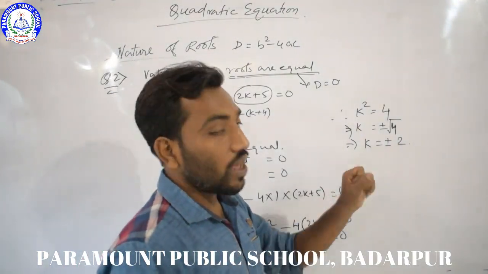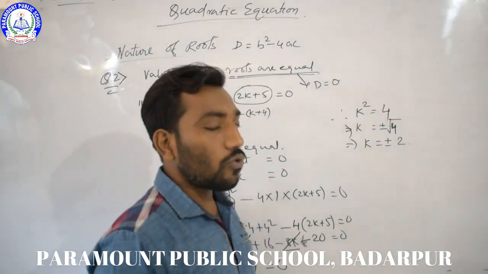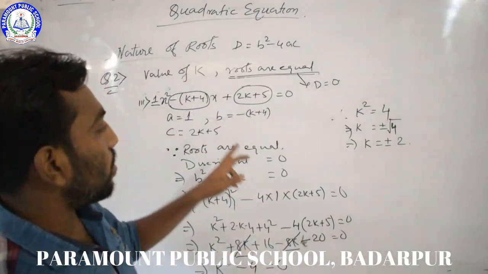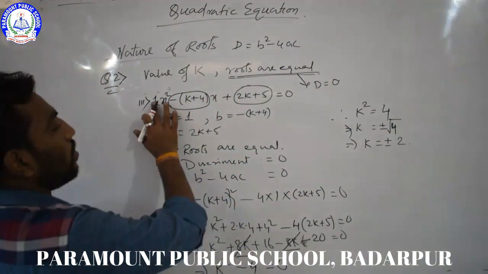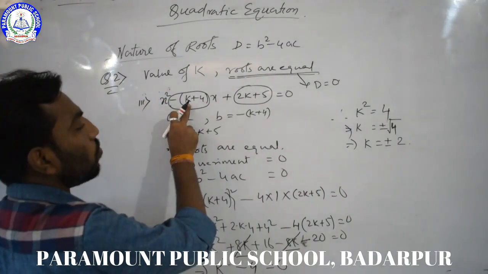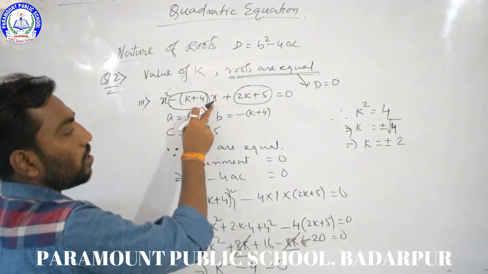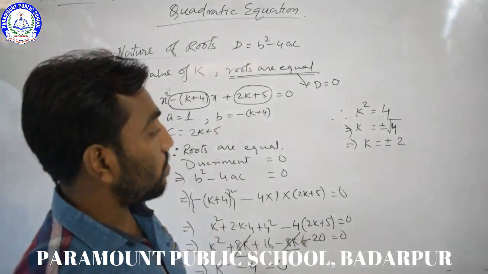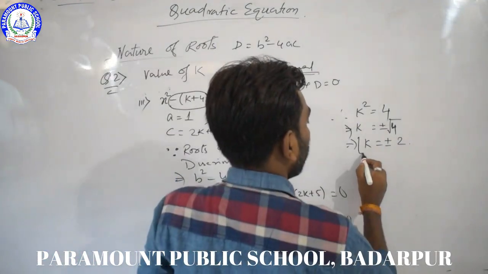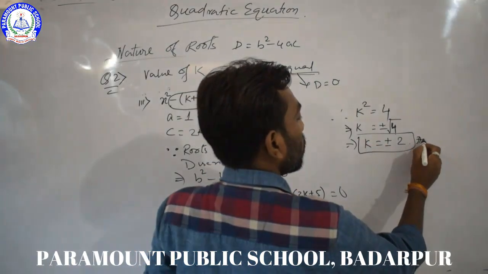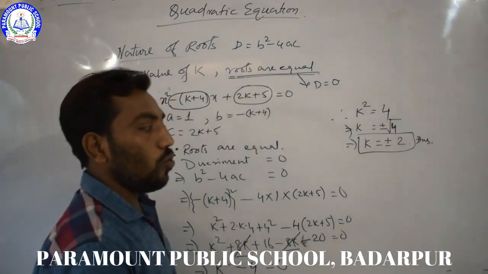Since our k value is plus 2 and negative 2, will it be satisfied in the given condition? If I put plus 2 here, it becomes x square minus 6x plus 9. There is no effect in the given condition. So both the values are satisfied. So our answer is k equal to plus minus 2.